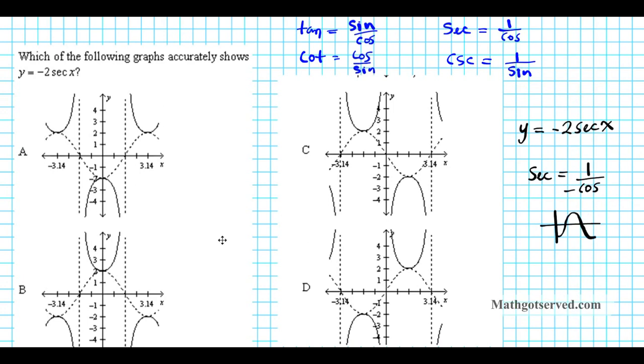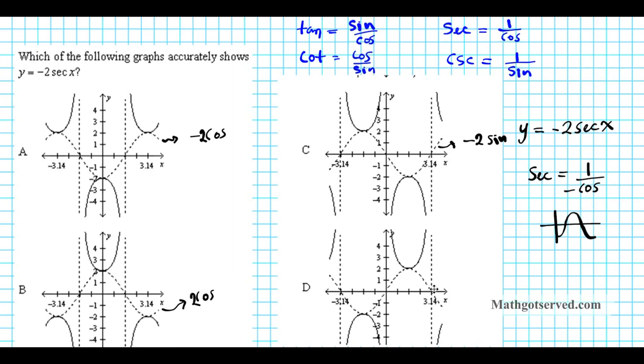The dotted line represents the function that helps to determine the location of the asymptotes. If you look at this, this dotted line is negative cosine. This dotted line right here is positive cosine. This is negative 2 cosine. This is 2 cosine. This dotted line here is like an S. This is a negative 2 sine, starting from the center.